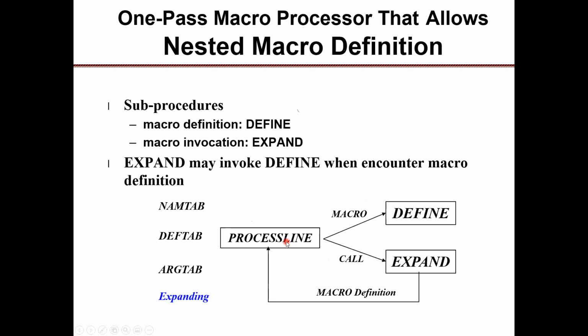Get line is going to be the same, but process line is going to call on a macro, call define, and do that work. And when you do an expansion, you're going to call expand. But now, because the expand can include a define, the definition also has to be able to call process line recursively so that it can then get that next level.